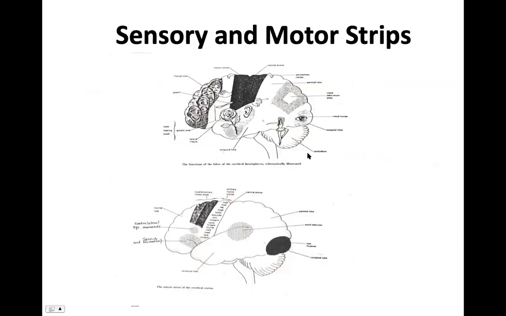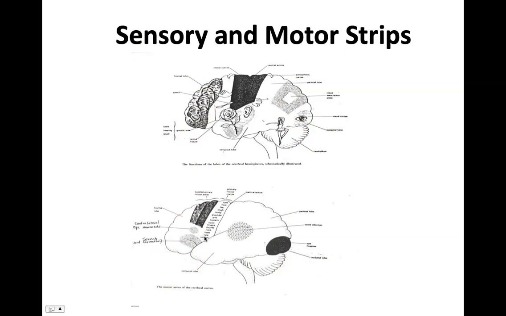And then what I want to do is tell you a little bit about this motor strip. The motor strip, or homunculus is what it's called, sits on the postcentral gyrus of the frontal lobe. So what you see here is the legs are at the top of the strip, and the face and tongue are at the bottom of the strip.